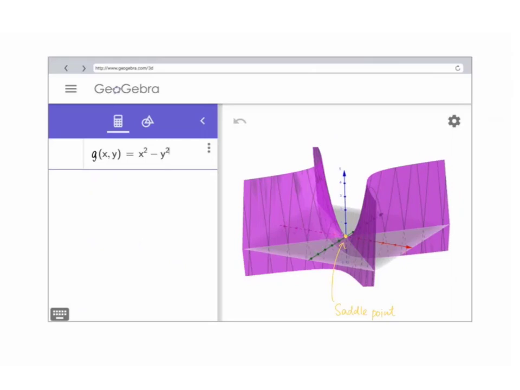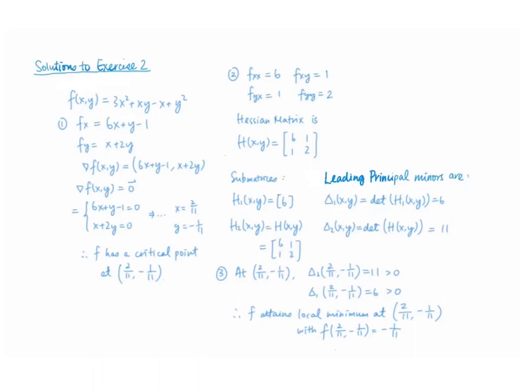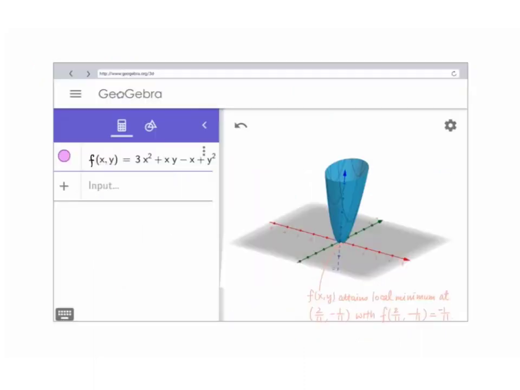The graph of the function g, which is x squared minus y squared, is shown here for your reference. Finally, please refer to the solutions to exercise 2 by yourself. The graph of the function f is shown here for your reference.